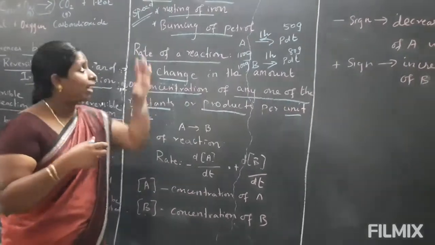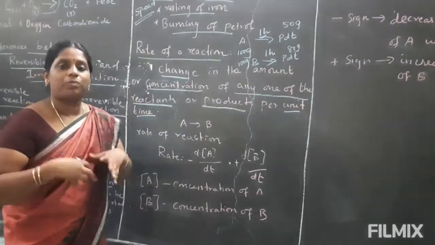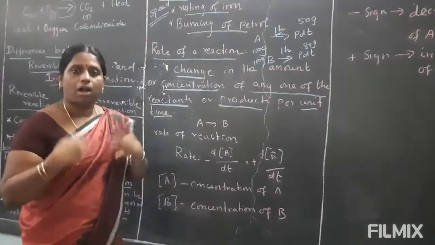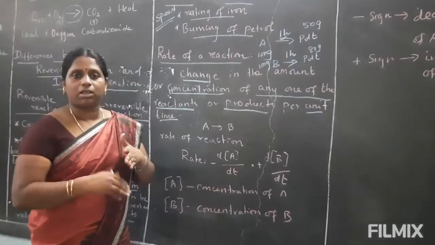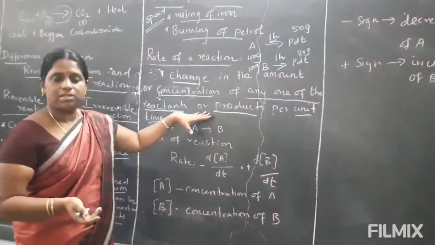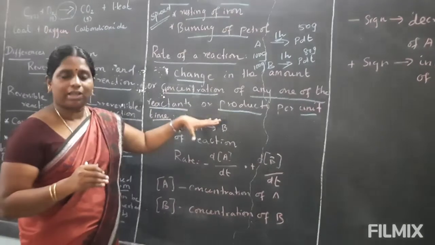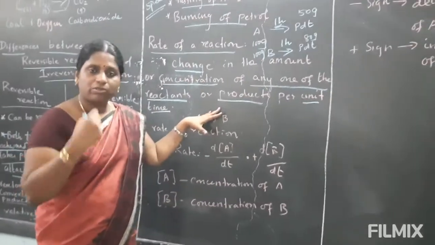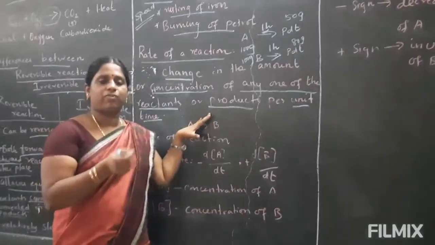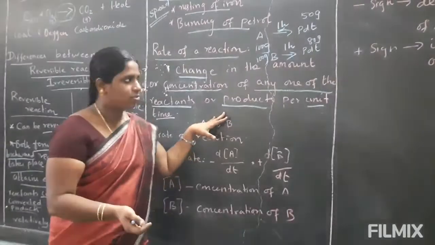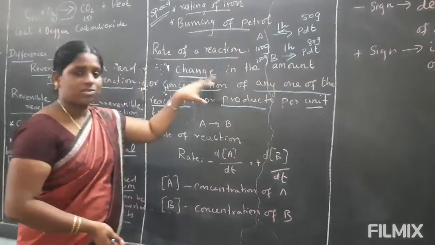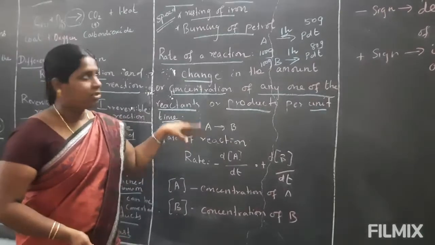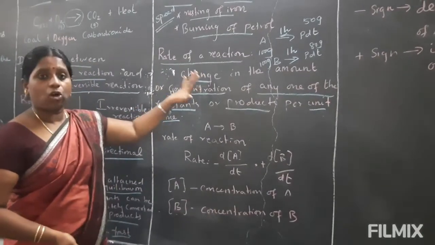The rate is speed: how much time it will take to convert from reactant to product, whether suddenly or over a long time. Time is very important for the rate of a chemical reaction. So the change in amount or concentration of any one of the reactants or products per unit time is the definition of rate of reaction.